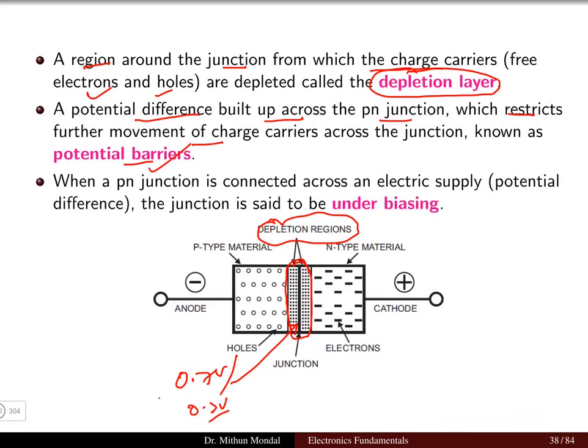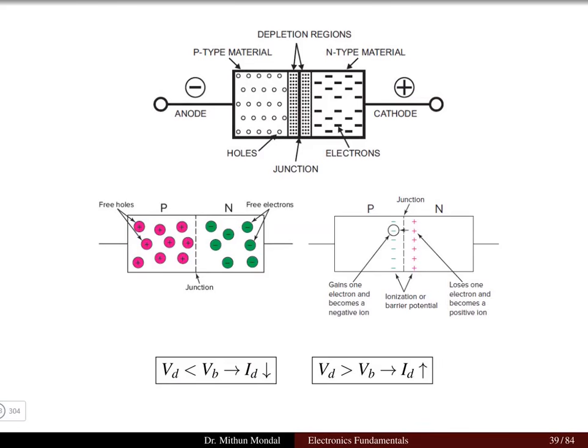When a PN junction is connected across an electric supply, the junction is said to be under biasing. So biasing means just applying an electric potential, whether forward biased or reverse biased. If the barrier potential is more than the diode voltage, then the diode current will not flow, or it will be very small.